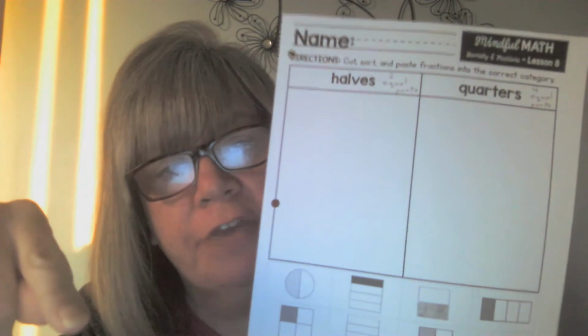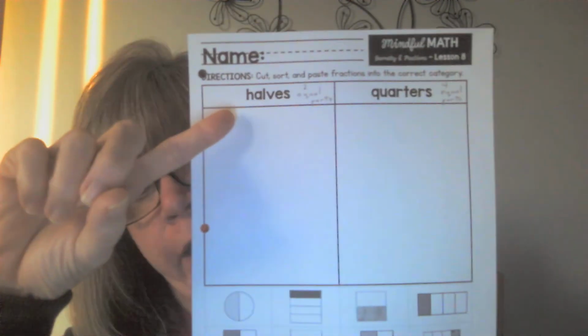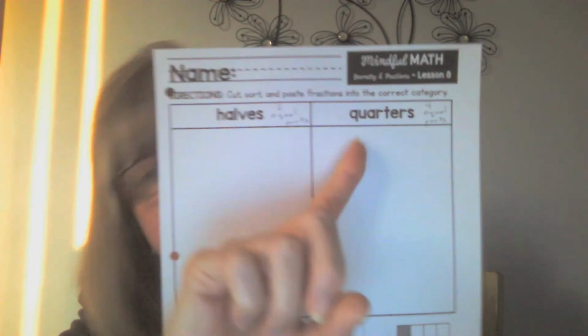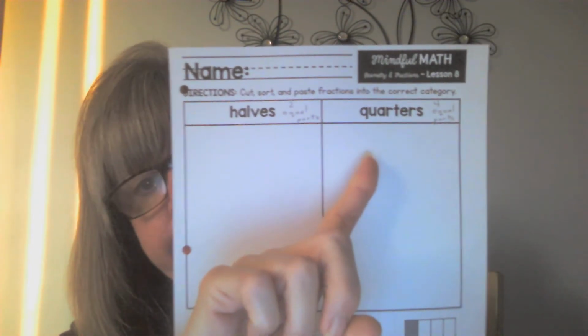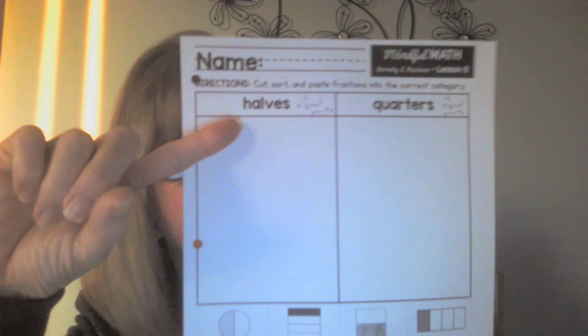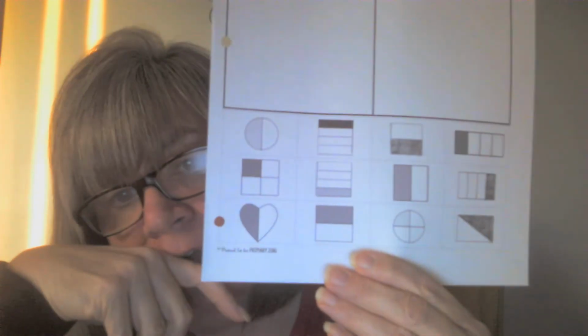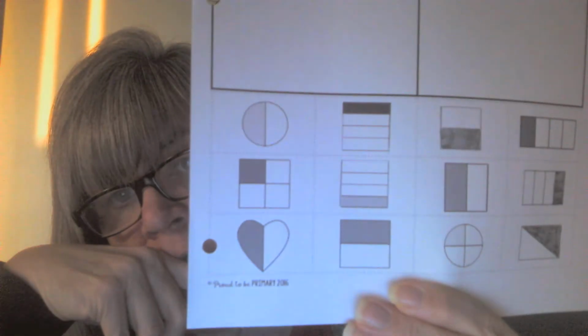Okay? Now, when you go to do your seat work today, the page looks like this. And you're sorting again, exactly what you did yesterday. But yesterday, you sorted into shapes that were divided equally and shapes that were not divided equally. Today, you're looking at each shape, so you're going to cut them out again. See that?